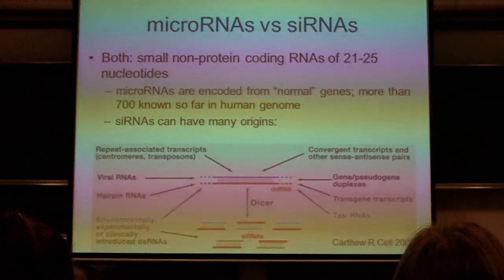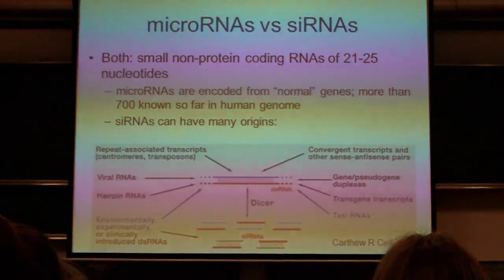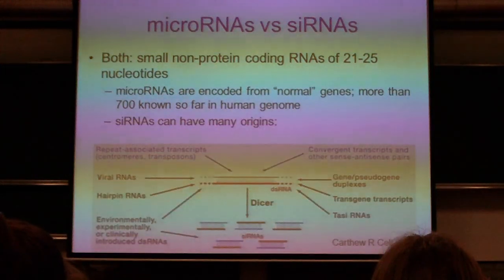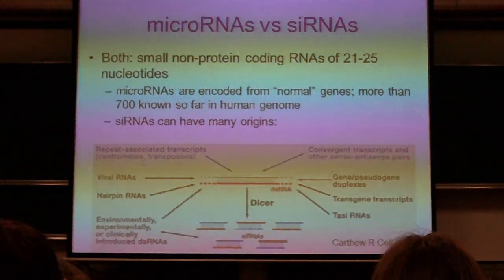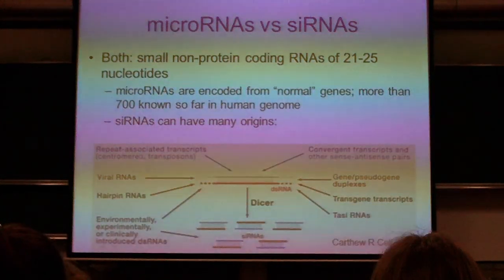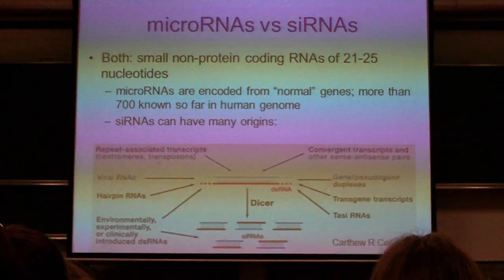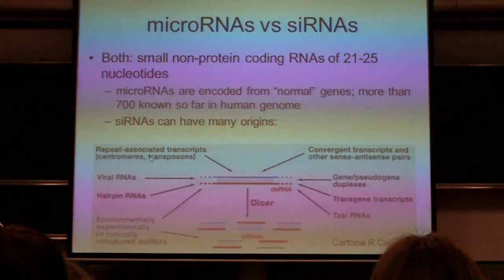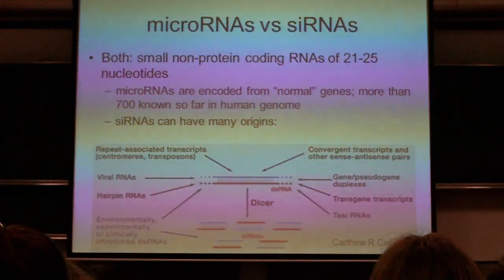So, as opposed to microRNAs, siRNAs can have many origins, and most of them are depicted here. You can have endogenous transcripts, which may even derive from transposons, so very old genes that have originated from other organisms.